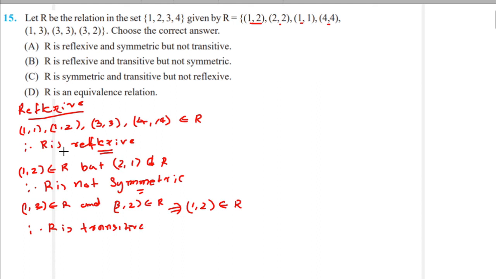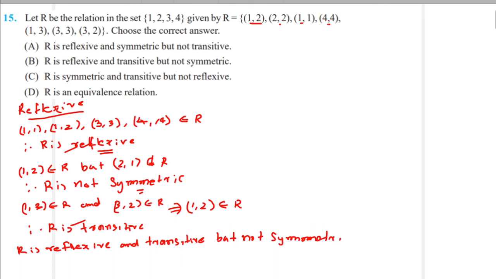So R is reflexive and transitive but not symmetric. So B is the correct one.